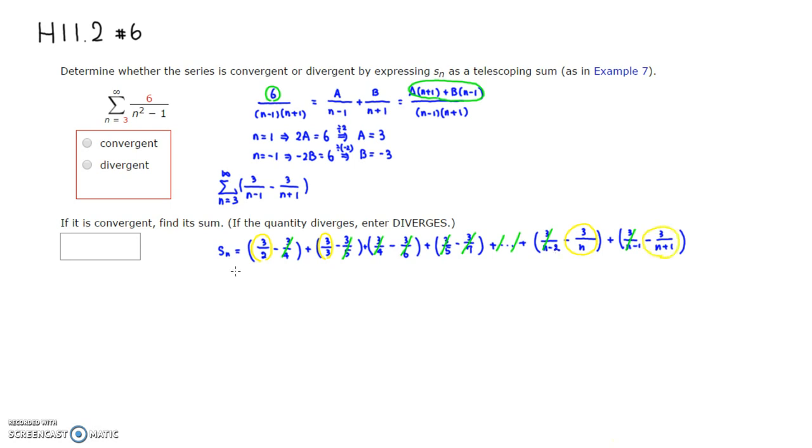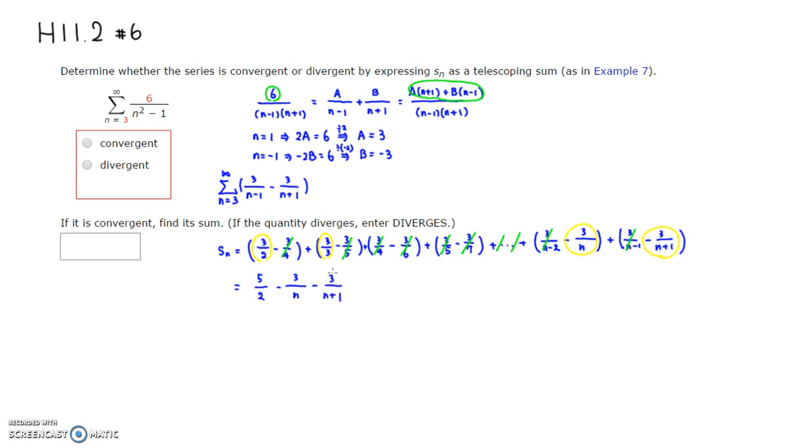So this simplifies to 3 halves plus 1, so it's going to be 5 halves, then minus 3 over n minus 3 over n plus 1.